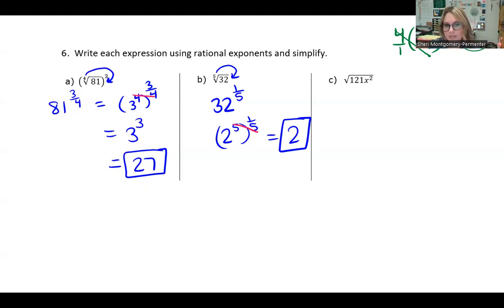The last one, it is a square root, so that means I need to bring it out to both of them. So I get 121 to the 1/2 power, and then x to the 2/2 power. So 121, can it be rewritten as something squared? 11. And then what's 2/2?